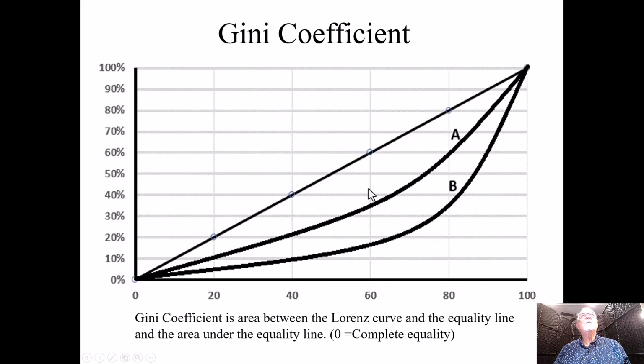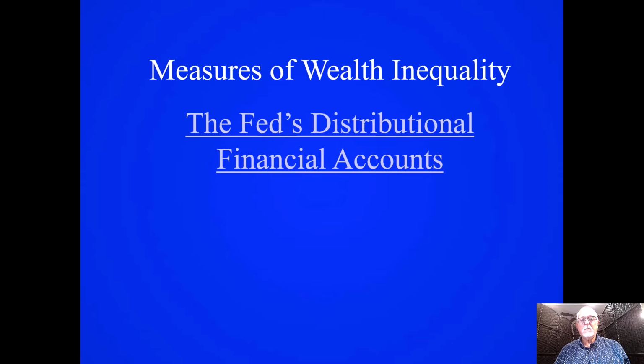If you had, again, perfect equality, then the value of that Gini coefficient would be 0 because we would be on the line. So the larger the Gini coefficient, the greater is the income inequality. Again, remember our discussion today is just how do we measure it, okay? Not putting any value judgments on it.